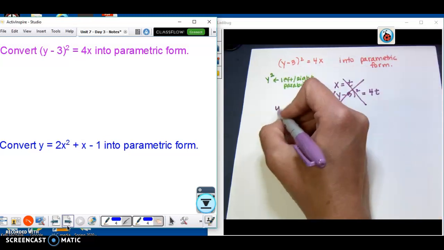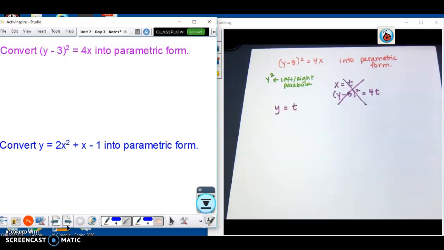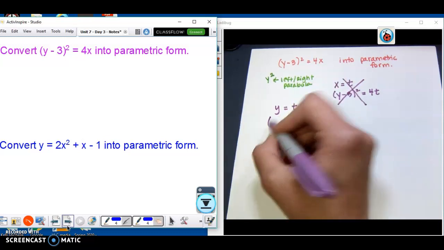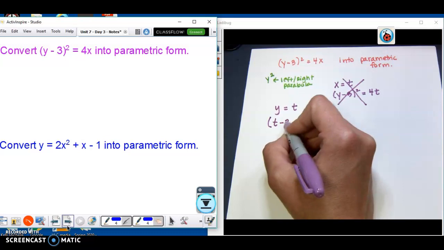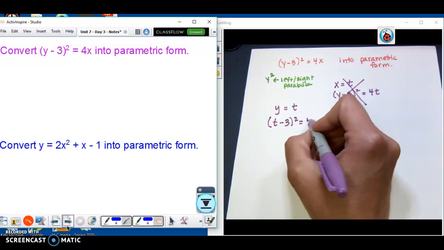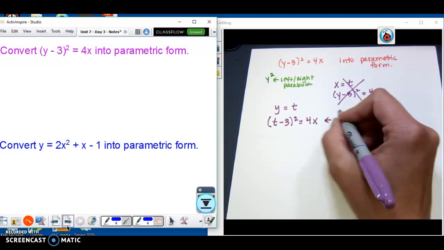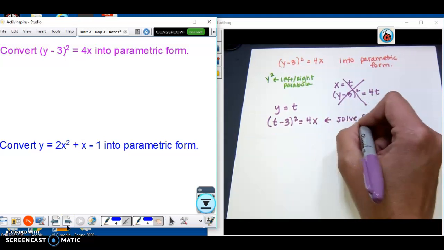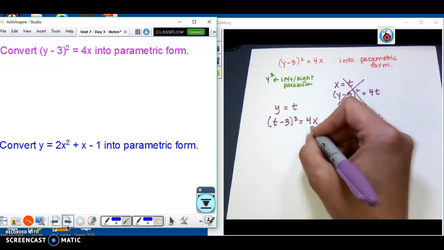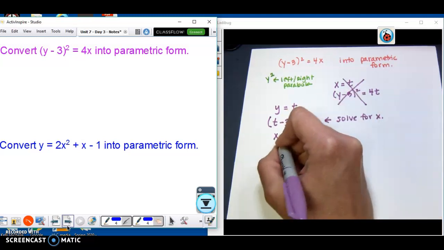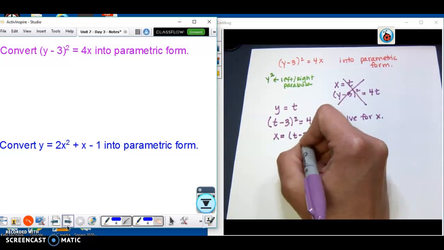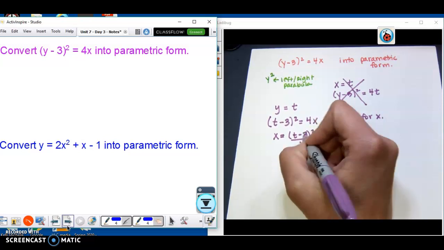So let's let y equal t. If we let y equal t, I'm going to plug in t in place of that y. And now I want to solve this for x. The only thing I have to do to solve for x is just divide by 4. So this is t minus 3 squared over 4.